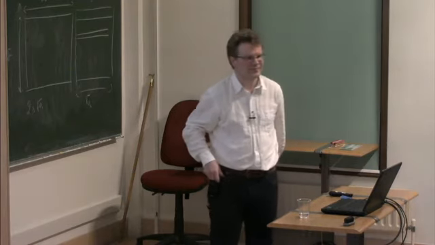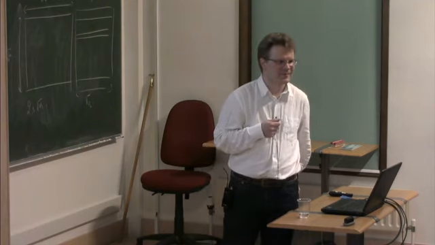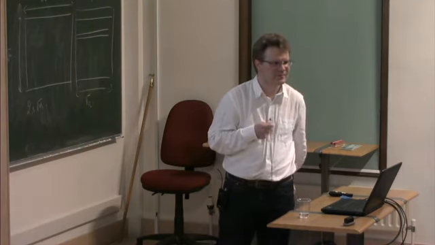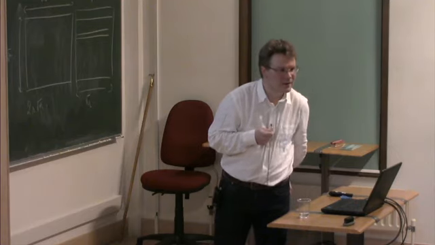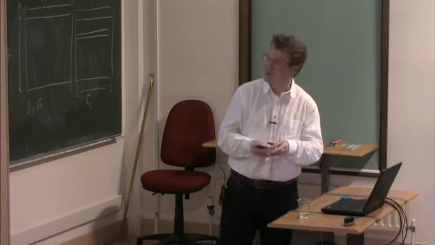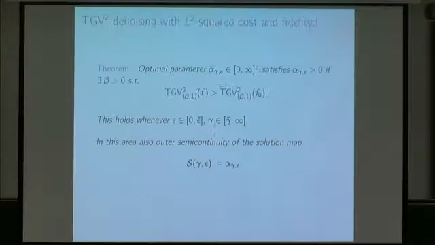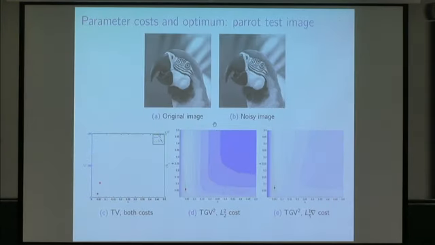For the bilevel case, you have to compute the solution also for this parameter. For example, these are just for single images here. The red one is found numerically. That's the optimal parameter. How did you compute this numerically?